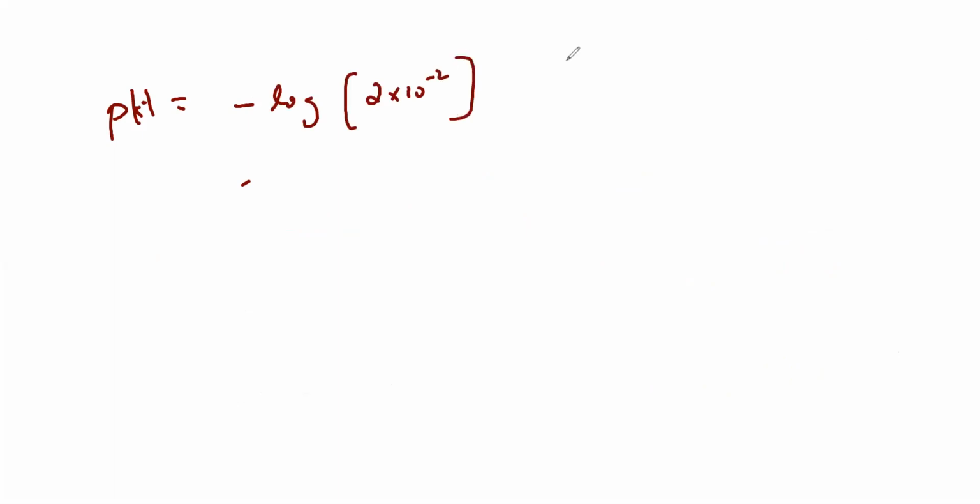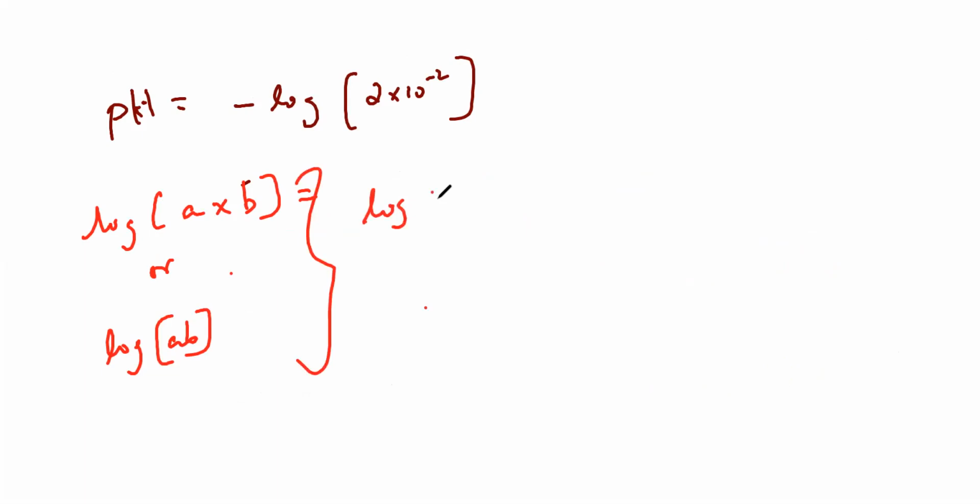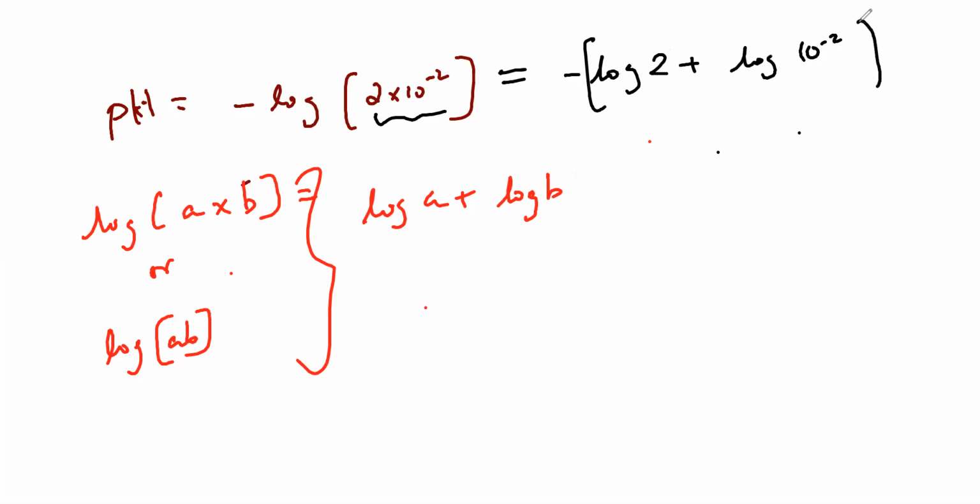By using the formula, log of A into B, or log AB, is log A plus log B. Now using this, here I'll get minus, let it be there, log of AB is log A plus log B, log 10 power minus 2. Minus, I'm just putting it outside. That's it.